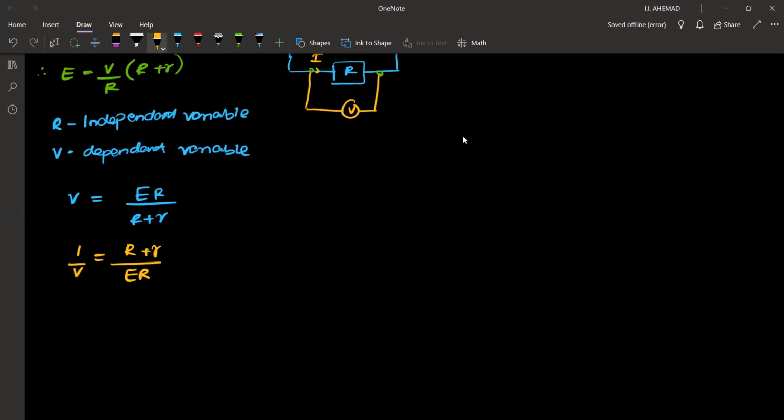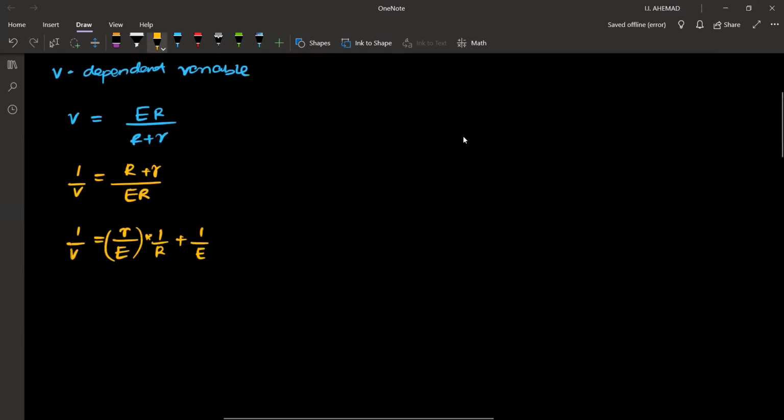Then I get 1 over V is equal to r over ER plus 1 over E. So we get a graph in the form y is equal to mx plus c.